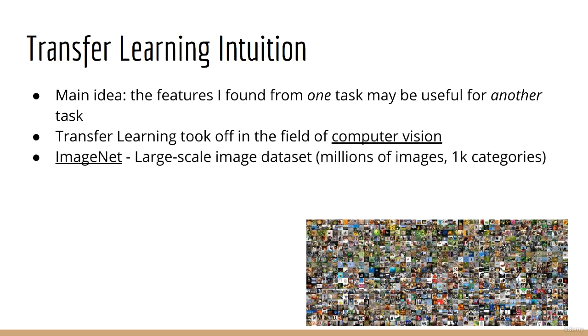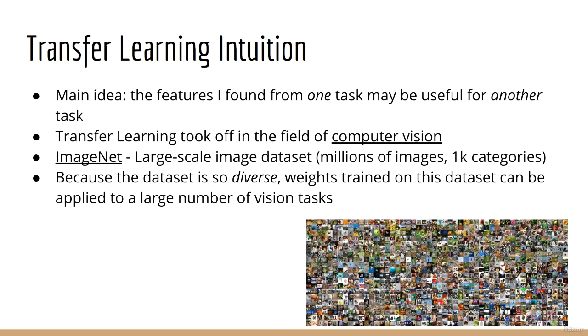This is a dataset that contains millions of images and 1,000 categories, meaning it can recognize 1,000 different objects. Every year, there is a contest to see who can build the best image classifier on this dataset. The nice thing about the ImageNet dataset is because it's such a large dataset containing so many different kinds of images, we can transfer the features learned from this dataset to a wide variety of tasks.